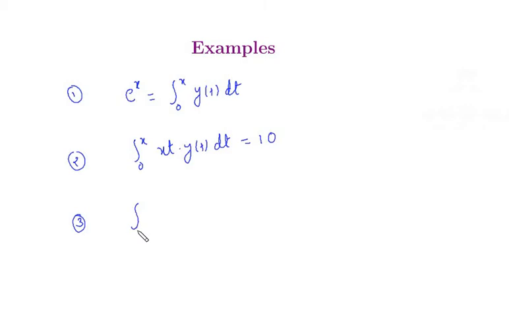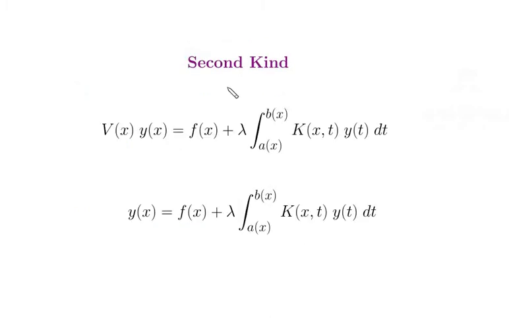Say integral from 2 to 5 of sine of (x plus t) y(t) dt is equal to say cos x.